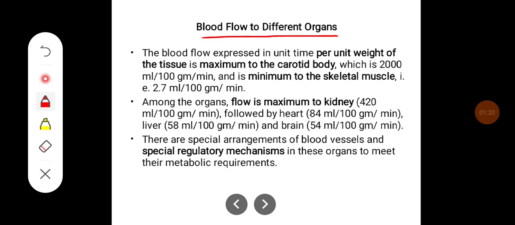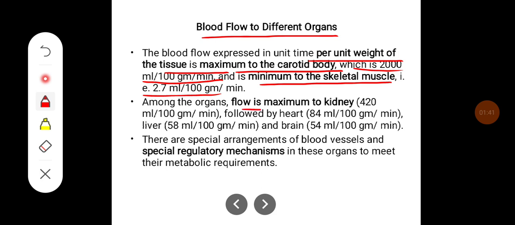The blood flow to the different organs. The blood flow is expressed in unit time per unit weight of the tissue and is maximum to the carotid body, which is around 200 ml per 100 gram per minute, and it is minimum in skeletal muscles, that is 2.5 ml per 100 gram per minute.